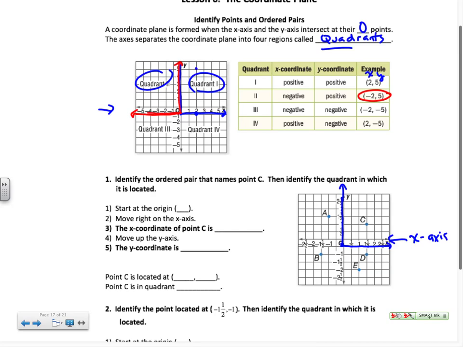The x-axis goes in the negative direction because that would include numbers to the left of 0, and they would also include numbers below 0 on the y-axis. So that's why we call those negative, negative coordinates. And then quadrant 4, we have positive because on the x-axis they fall this way, and on the y-axis they're below 0. So it's positive, negative.